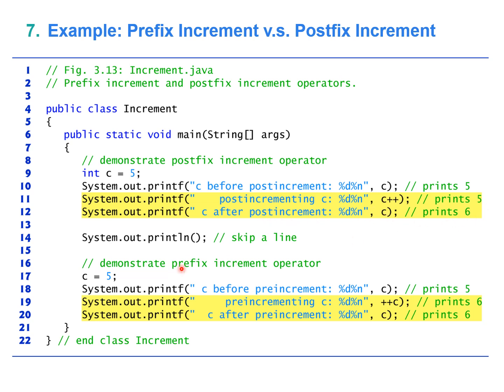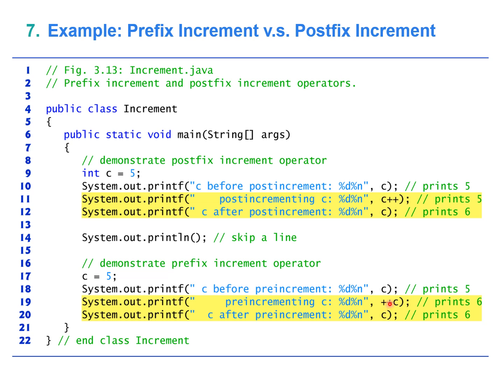And then we set the value of c to be 5 again, and then we repeat those three printf statements, but replacing the post-increment with the pre-increment. And so the value of c before the pre-increment is still 5, and the one after the pre-increment is 6, just like in the case of the post-increment.